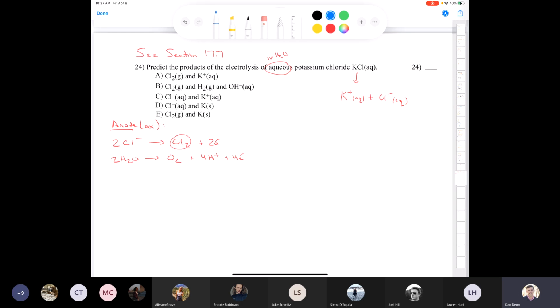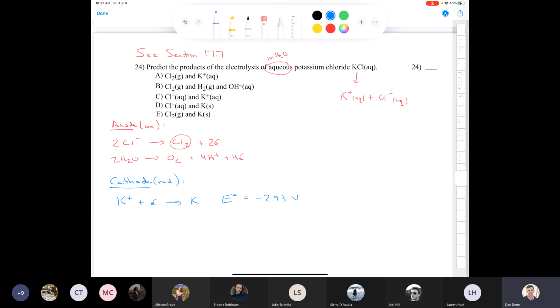If we look at what happens at the cathode, which is where reduction occurs, we have our potassium ions, which you might think, okay, well, potassium plus an electron is going to give me potassium solid. But if you look at the standard reduction potential of potassium ions, what is it? Negative 2.93. It's super negative.